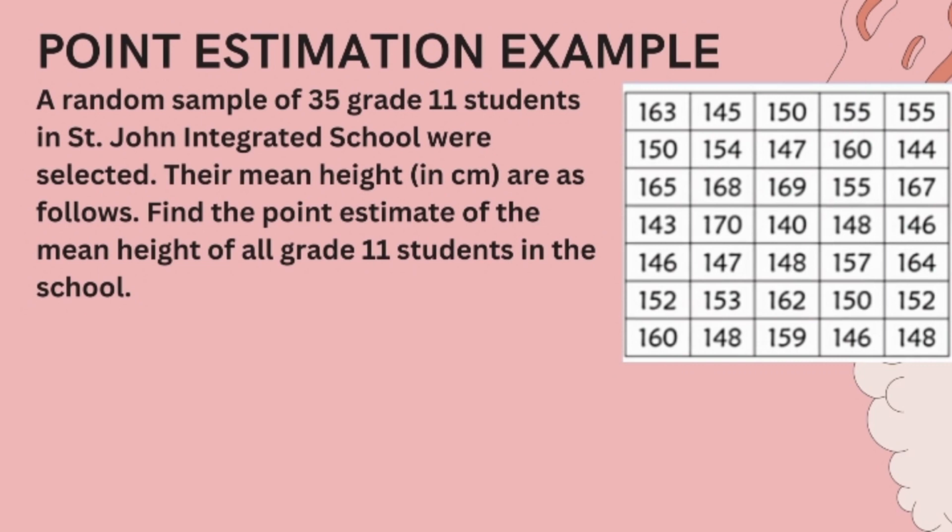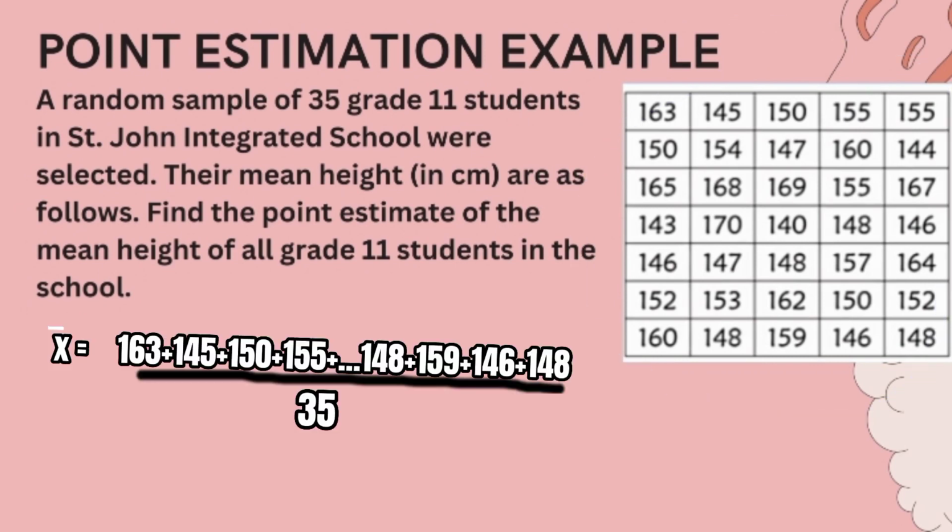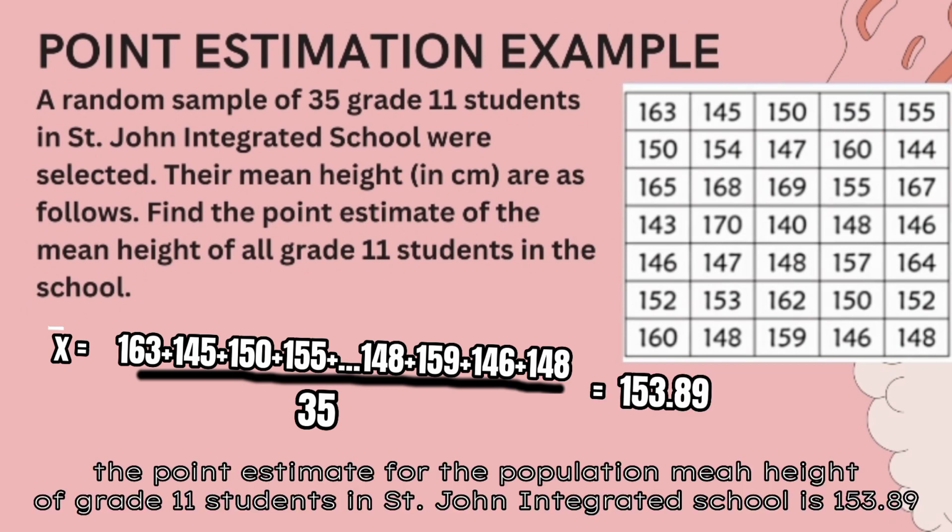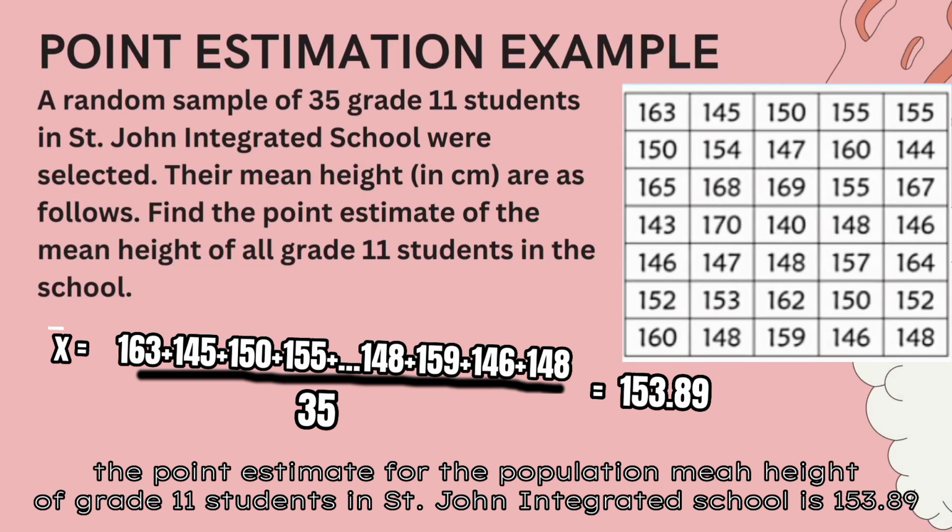To solve for the point estimate, all we have to do is add all these heights of the 35 samples, and then divide, because we are looking for the average. And the answer here is 153.89, the point estimate for the population mean height of all grade 11 students in St. John Integrated School.